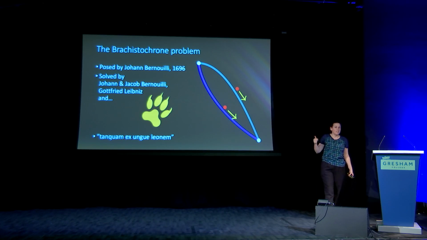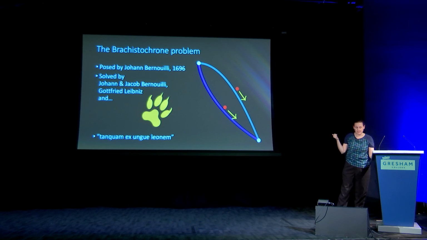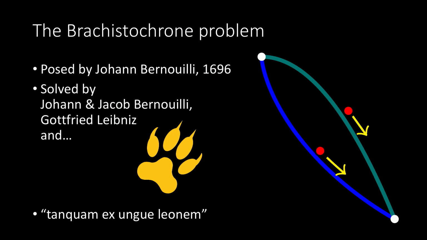Johann Bernoulli posed this as an open problem to mathematicians. What's the answer to this? What curve should I pick? Several people managed to solve this problem quite quickly. Johann himself solved it. Johann's brother Jakob solved it. Gottfried Leibniz, one of the inventors of the calculus, solved it.